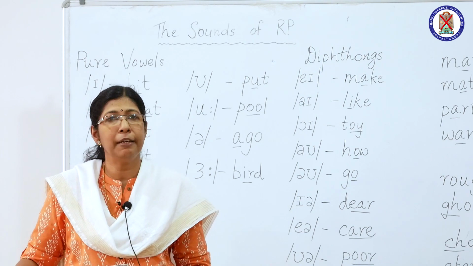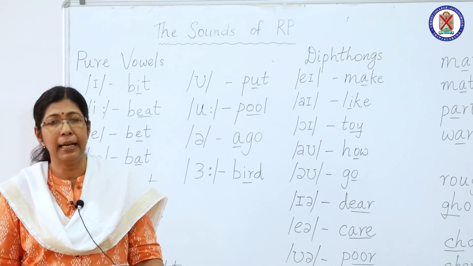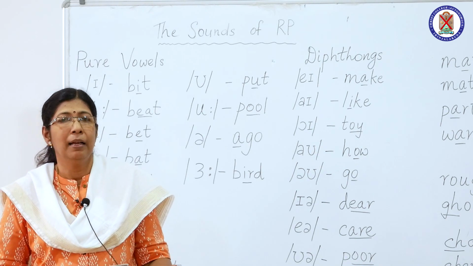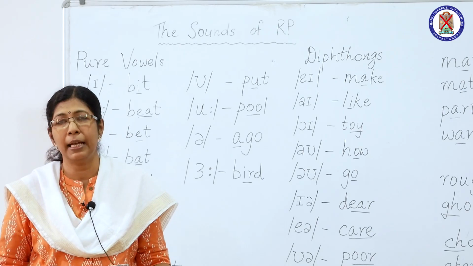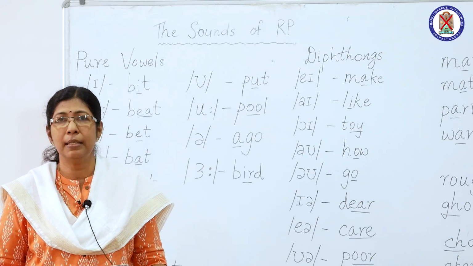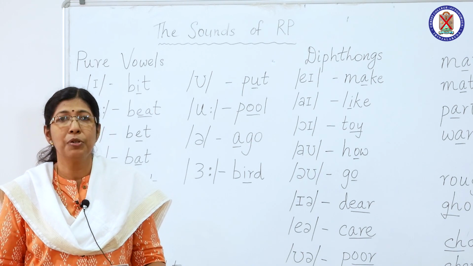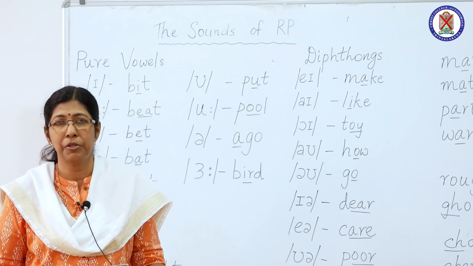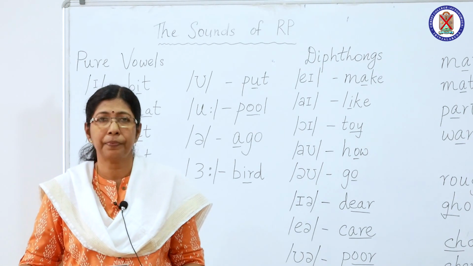One of the major difficulties we encounter when we try to learn English is the lack of correspondence between spelling and pronunciation. Why does this happen? It is because English is not a phonetic language. What then is a phonetic language?